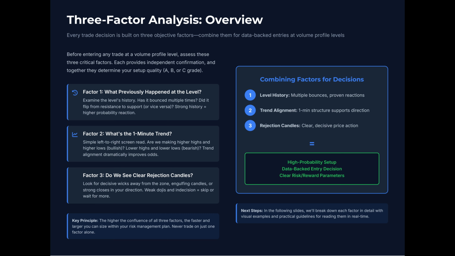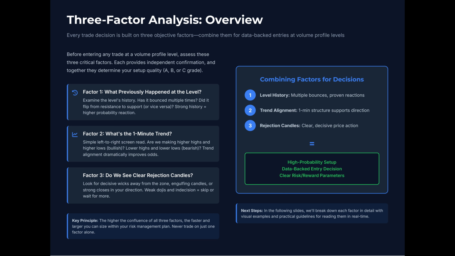Factor 1, level history. You look back at Tuesday's RTH session and Wednesday's London Open. Both times this PD VAL bounced with strong rejection. That's 2 documented reactions. Score, 2 points. Factor 2, trend. Your 1-minute chart shows higher highs and higher lows from the 9:30 a.m. open. The micro trend is bullish, aligned with your long bias from support.